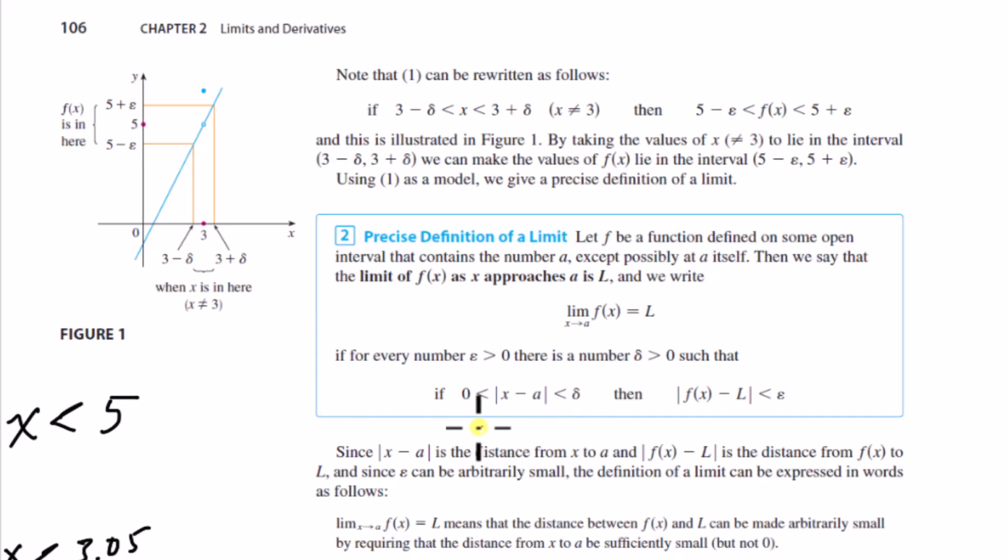This is saying that you could pick a single finite delta value first. Say you pick delta to be equal to 0.1. Now delta is completely fixed. It's a constant. It does not change.